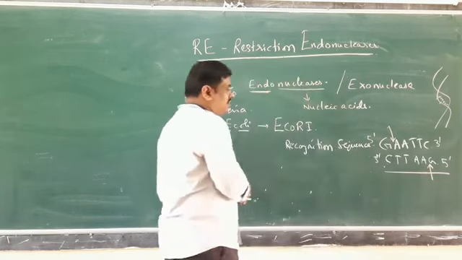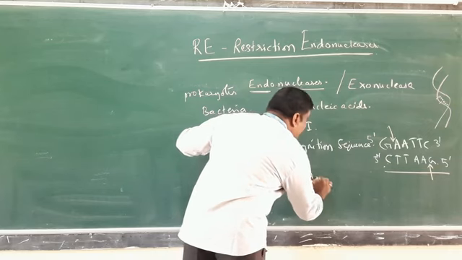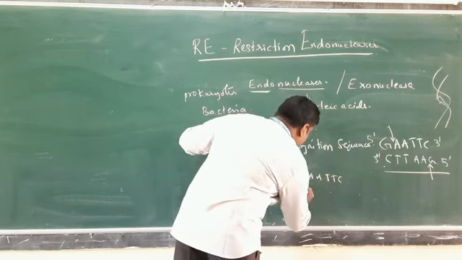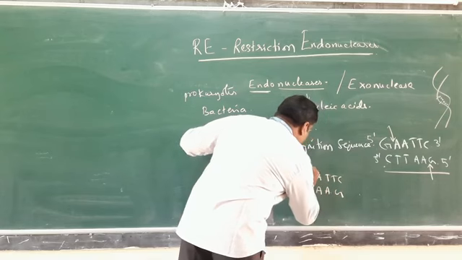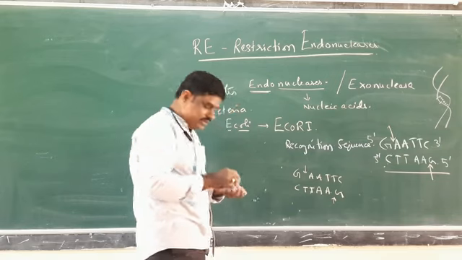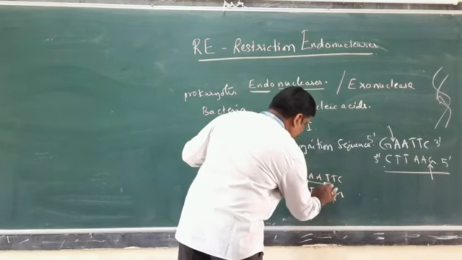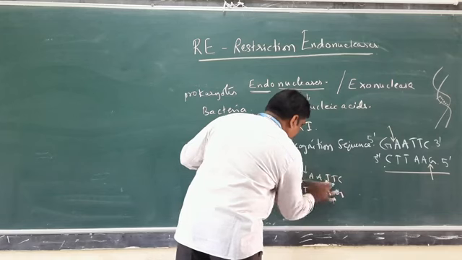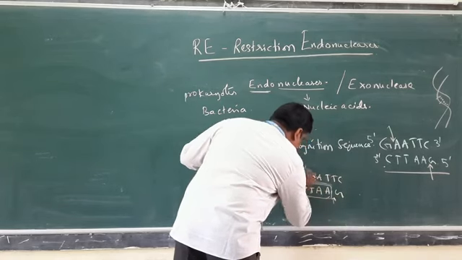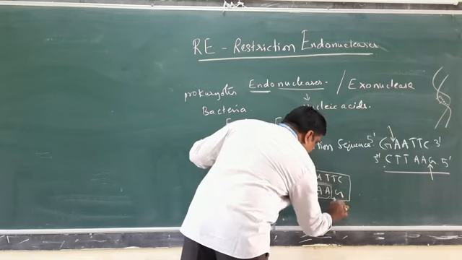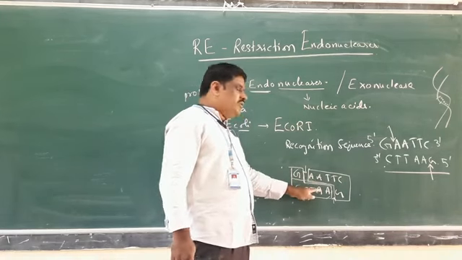Once the cleavage occurs, the DNA will be cleaved like this, between G and AATTC, and it will produce overhangs.